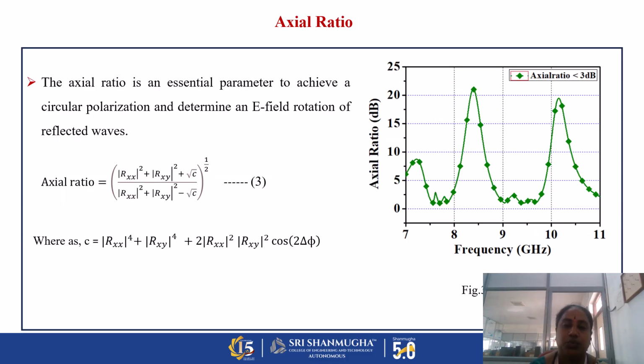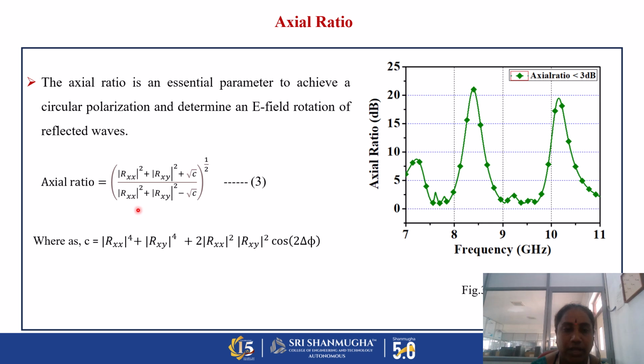And axial ratio, we achieved axial ratio less than 3 dB. So by using this formula, we can calculate the axial ratio for the FSS polarizer, that is modulus of Rx square plus Rxy square plus root C divided by modulus of Rx square plus Rxy square minus root C, whole power 1 by 2. C is nothing but this value.